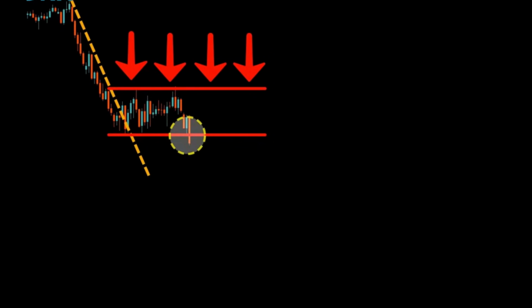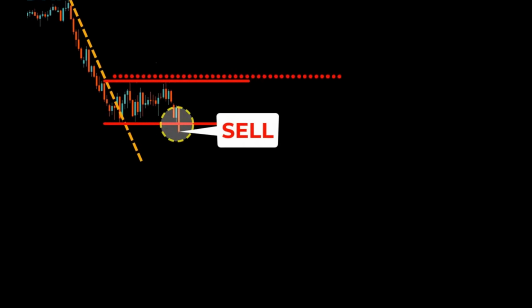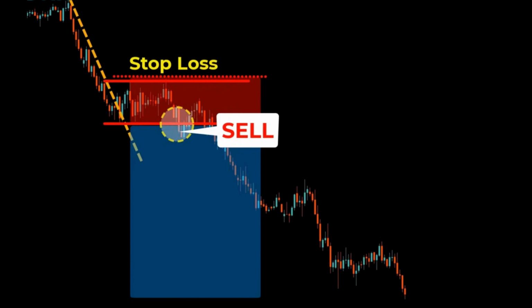That's your entry signal. Open a sell position as soon as the next candle starts forming, with your stop loss placed just above the resistance of this sideways range. And what happens next? The market drops fast and deep, locking in massive profits. Simple, effective, and backed by solid technical and psychological reasoning. This is how you trade with confidence and maximize your profitability.